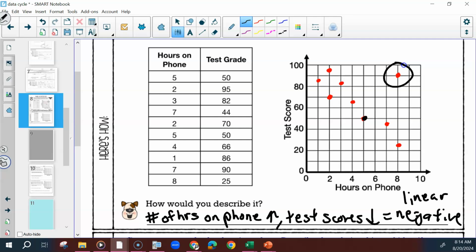So whatever happened there, the hours on the phone didn't change their score. They still did pretty well. That's something we're going to talk about. It's called an outlier. When it doesn't really match the data and it's kind of out there by itself.